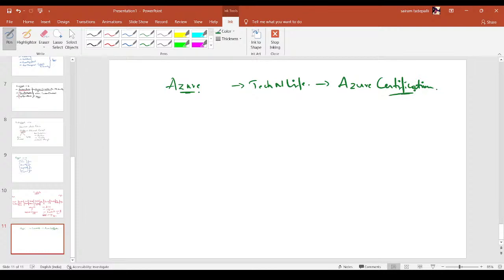Okay, let's discuss about that certification stack now. So how the stack will be there, and what are the things you need to focus on to crack this kind of Azure certification things. Okay, so let's focus on that one.